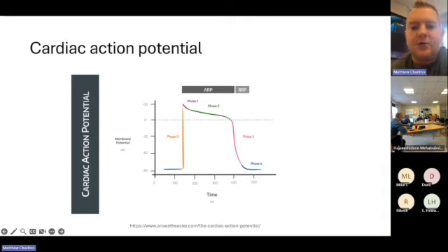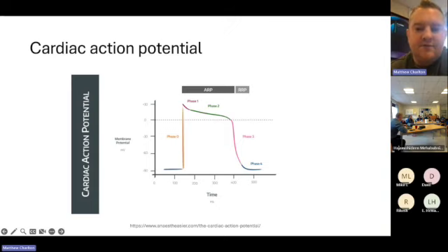Okay, so at resting membrane potential, it's near the equilibrium potential for potassium, right? Because via the Nernst equation, that's around minus 90 millivolts. Okay, so in phase 4, potassium channels are open. As we said, that's what maintains the resting membrane potential, and the sodium and calcium channels are closed.